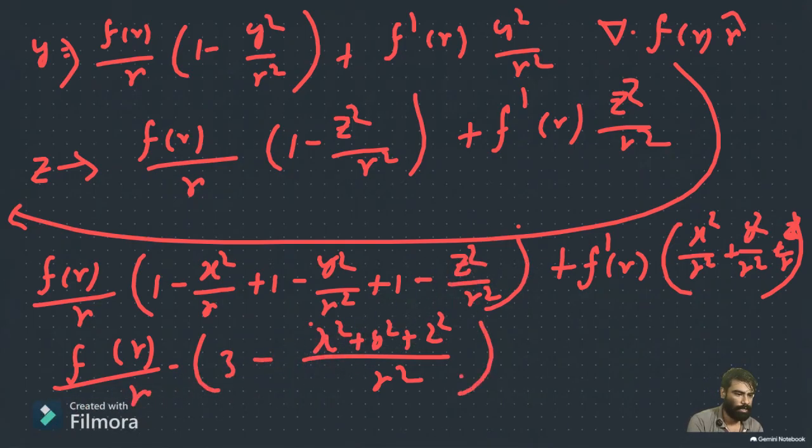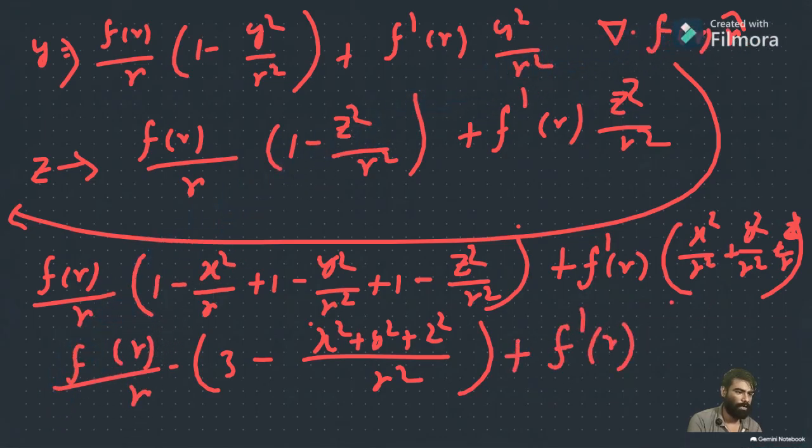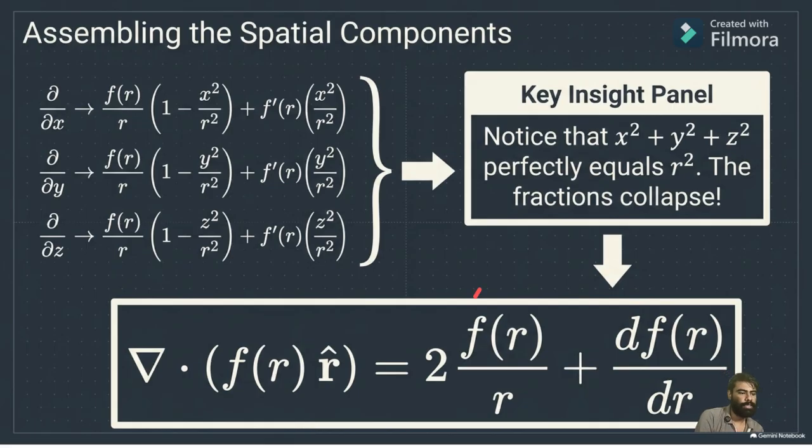So that is plus f prime r, and this term x square plus y square plus z square by r square means 1. So in that way we get our divergence as 2 into f(r) by r plus f prime r, what we have seen actually. Okay, it is our divergence of central force field.